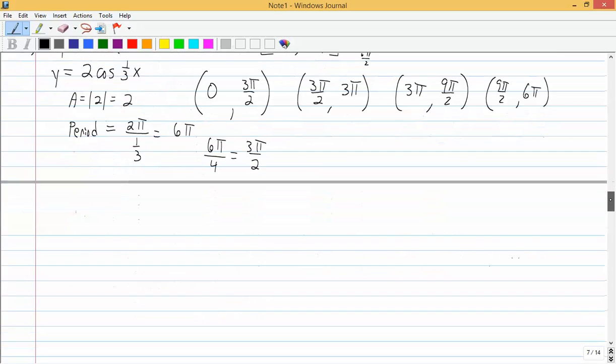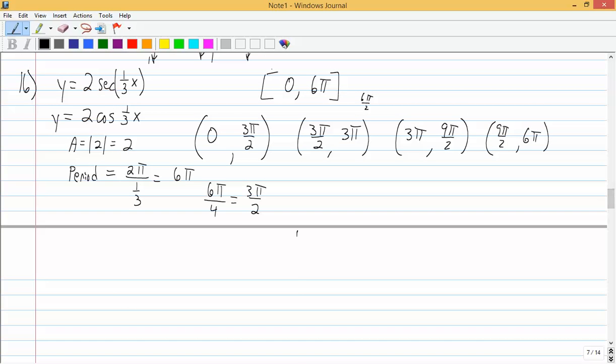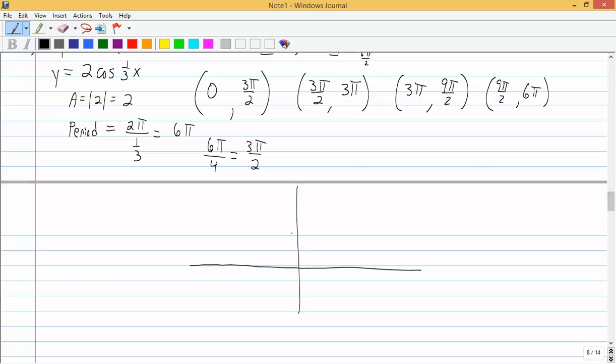Alright, so I'm going to use those key points to help me graph this. My amplitude was 2, so that means my high point's going to be 2, my low point's going to be -2. My significant points, 0 is my first point, and my next point is 3 pi over 2.